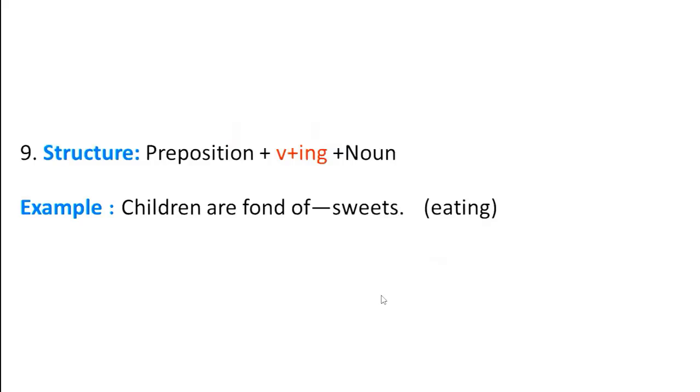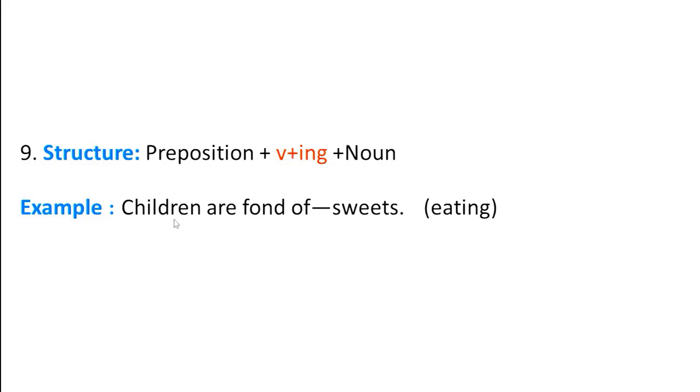Look at number 9. If you find preposition, then gap, then noun, in this structure or in this sentence, you can use a verb plus ing to fill up the gap.